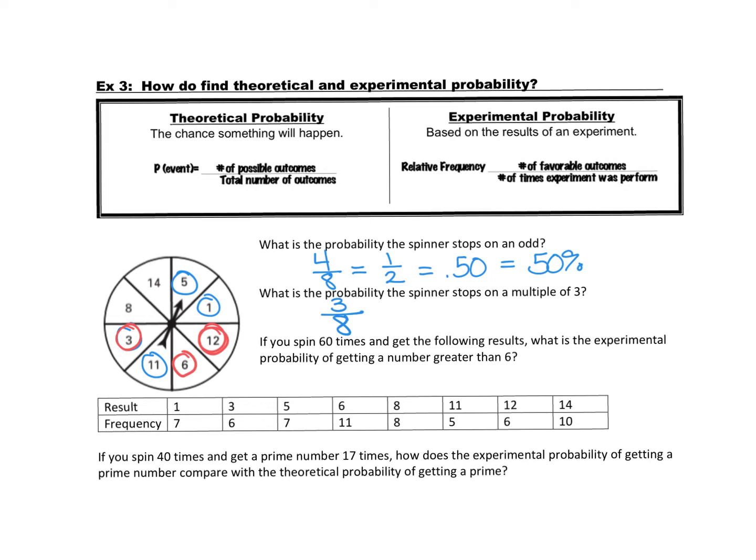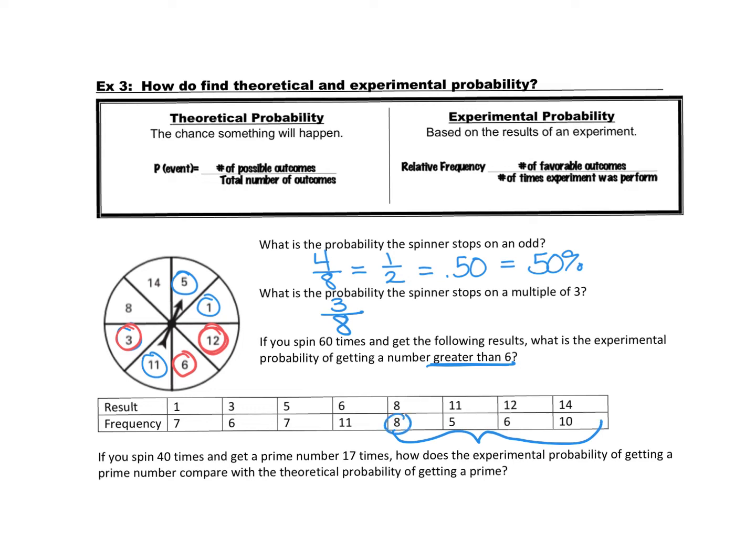So now we have the next question where it says, if you spin 60 times and get the following results, so this is what's in the chart there for us, what is the experimental probability of getting a number that is greater than 6? So it can't be equal to 6, but greater than 6. All of these numbers right here are going to be the numbers that are greater than 6. The frequency is right here.